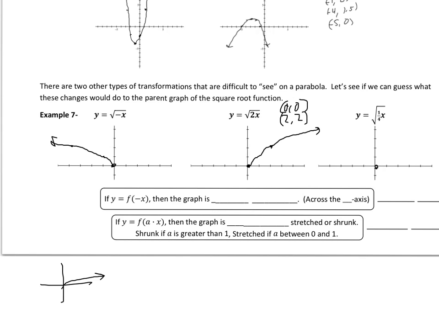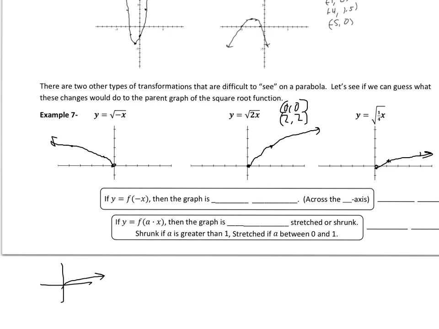So what's the square root of 1 over 4? 1 half, right? Square root of 1 is 1, square root of 4 is 2. So we're at 1 and 1 half. What if we made x 4? Then it would be 1, correct?